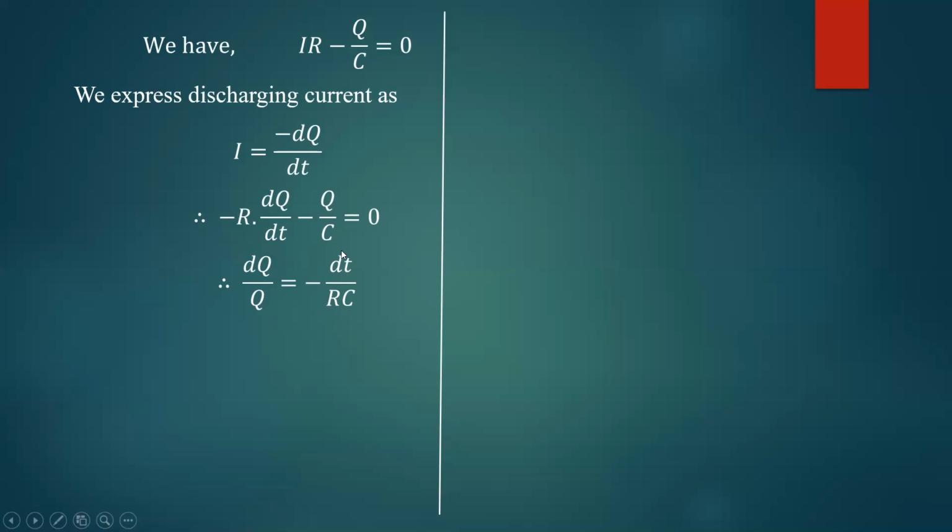R into C comes here, q comes here. So just rearrange, it comes in two steps. Just try to do it yourself, but it is very simple mathematical steps only. Now you have to integrate this.